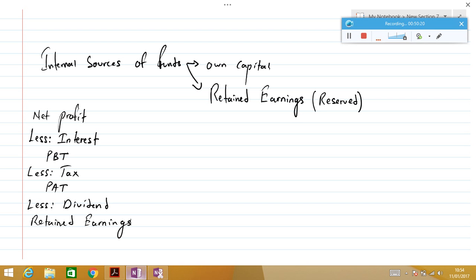Which is that? Why dividend? Why do you want to pay dividend to the shareholders? Think carefully and answer me. Which one do you prefer?